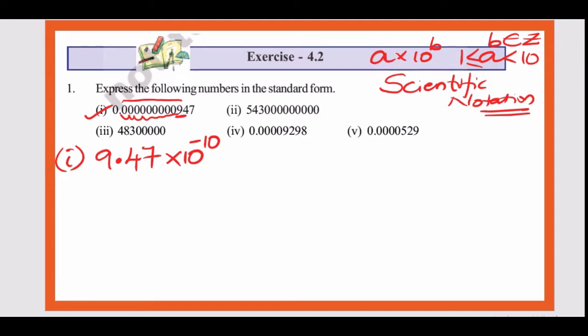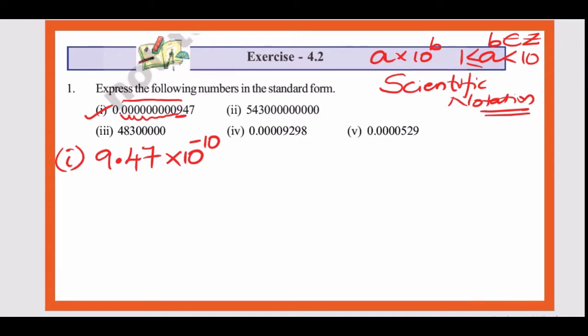So 9.47 into 10 power minus 10. Whenever the number is small, you are going to get a negative power. Whenever a number is large, then you are going to get a positive power.